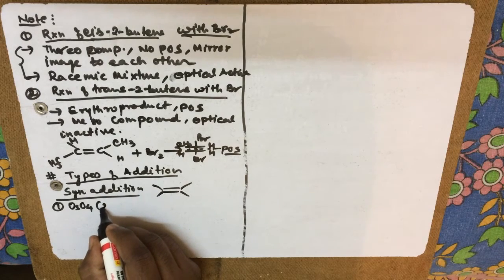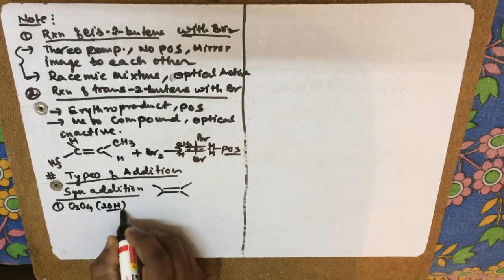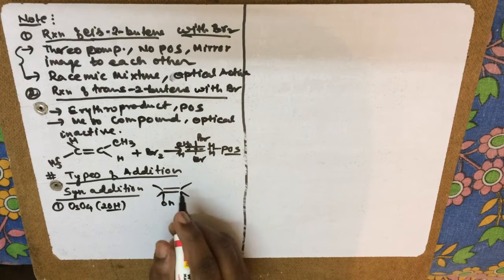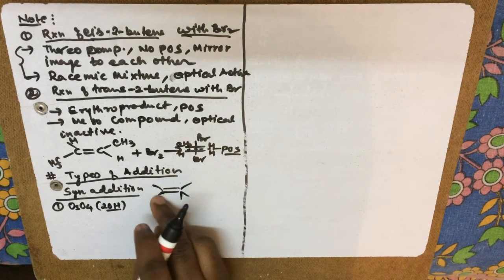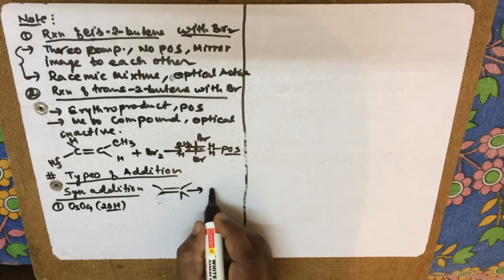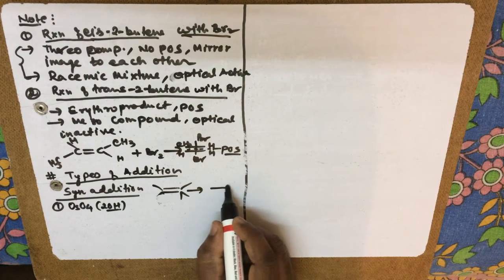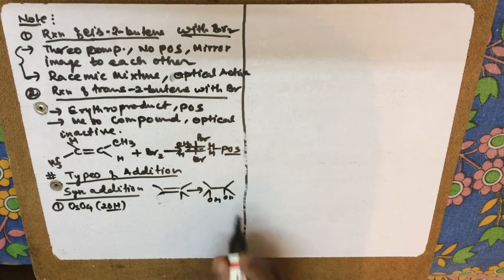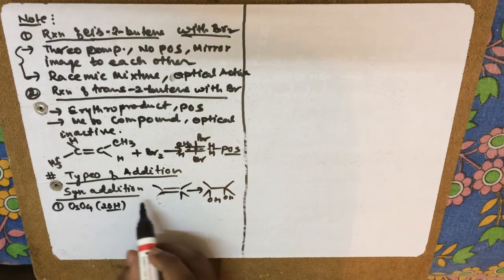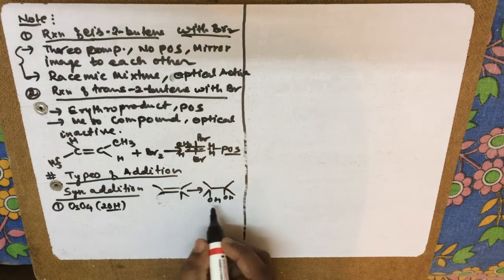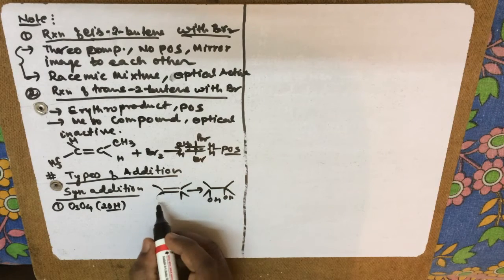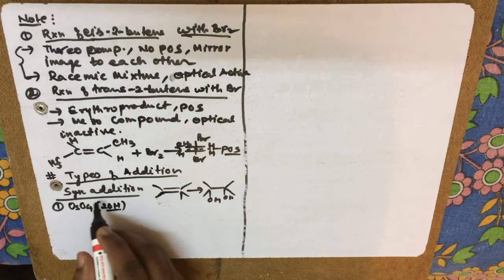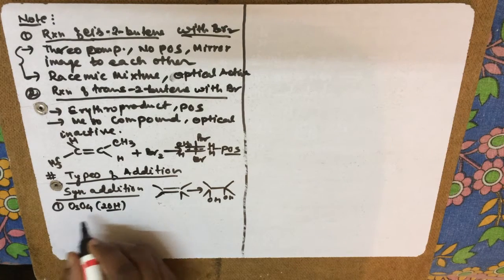So you have 2 OH react with this, your product will be like this. So I am saying here syn addition means both will be added on the same side. Okay, so syn addition tells us about these things.